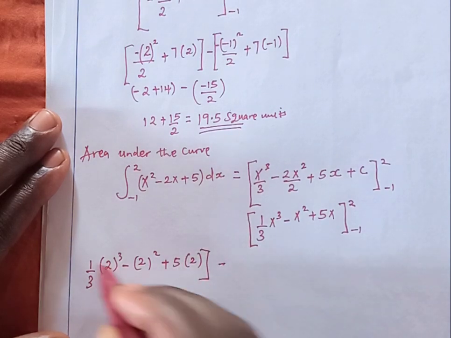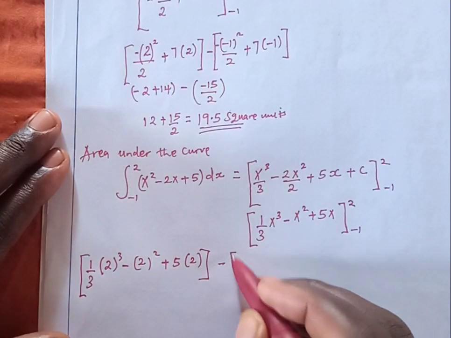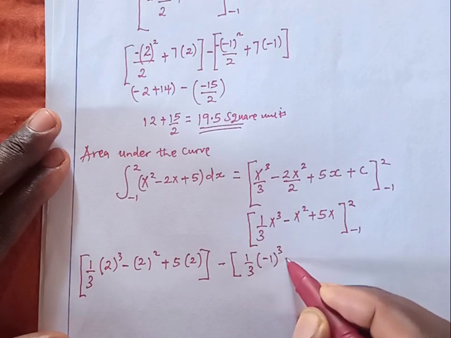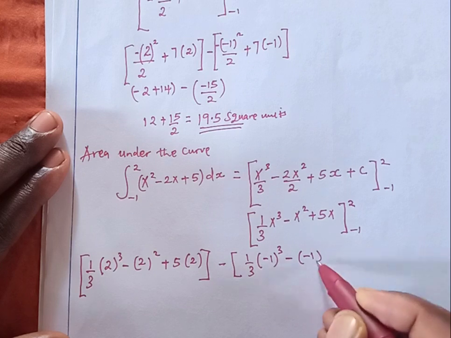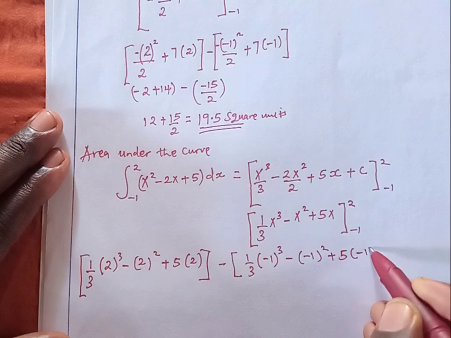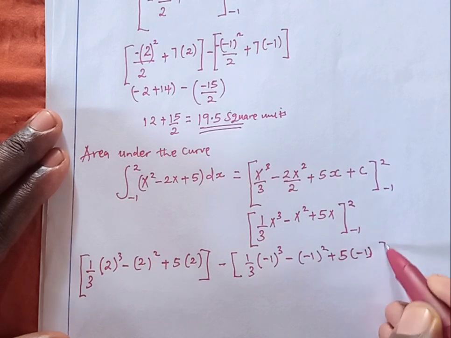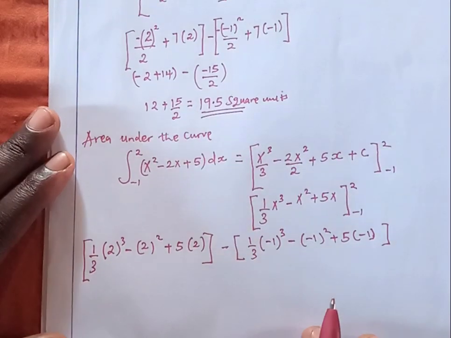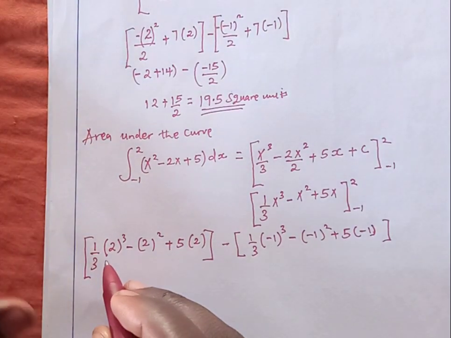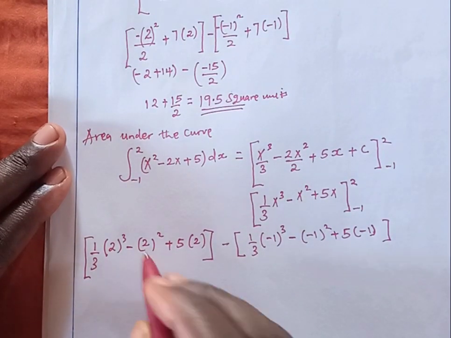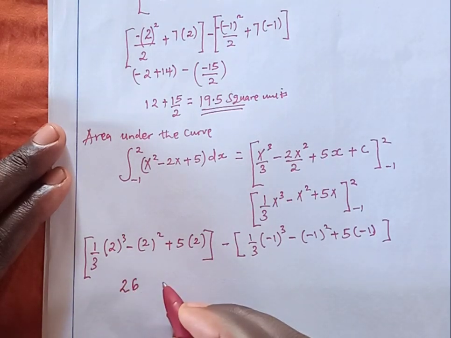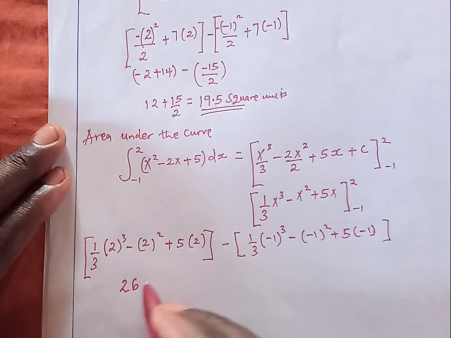We are going to take away a third times negative 1 cubed, minus negative 1 squared, plus 5 times negative 1. If we use our calculators well, the first bracket gives us 26 over 3.